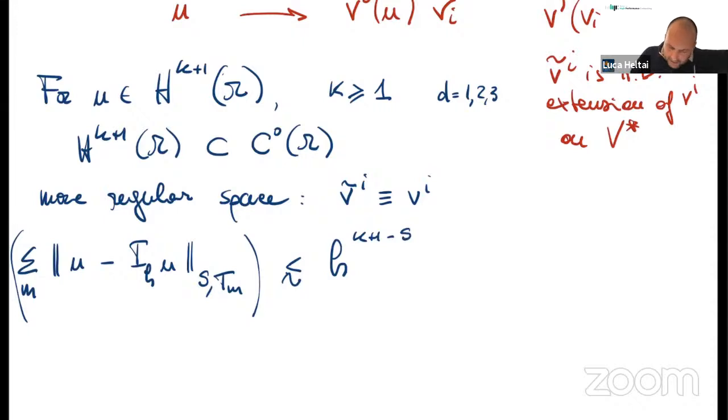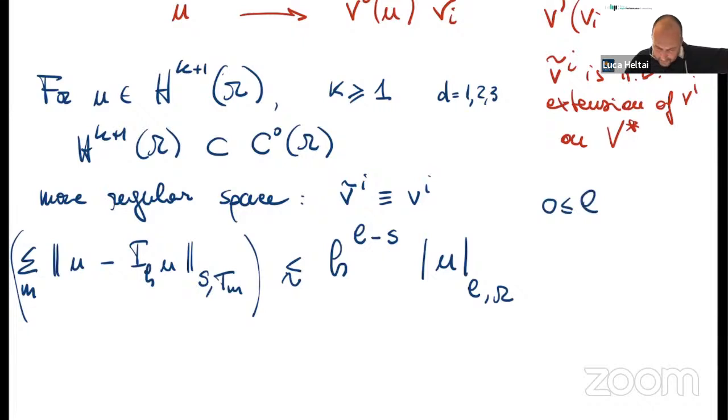And in particular, instead of k+1-s, one can write l-s, times the norm of u in H^l(Omega). And this is for 0 smaller or equal than s, smaller or equal than l, smaller or equal than k+1. Okay.